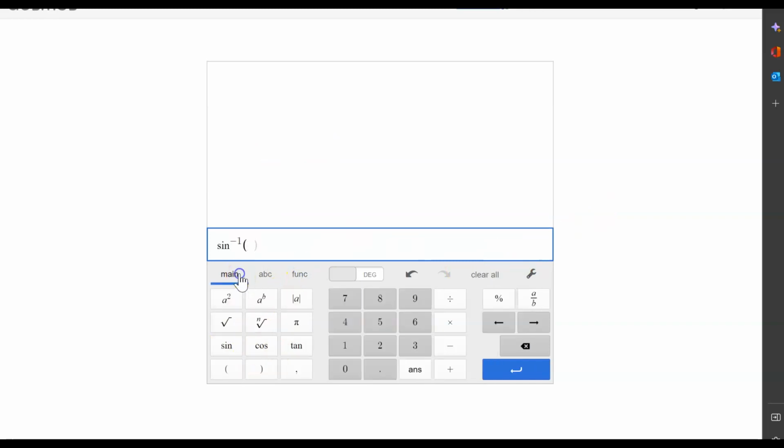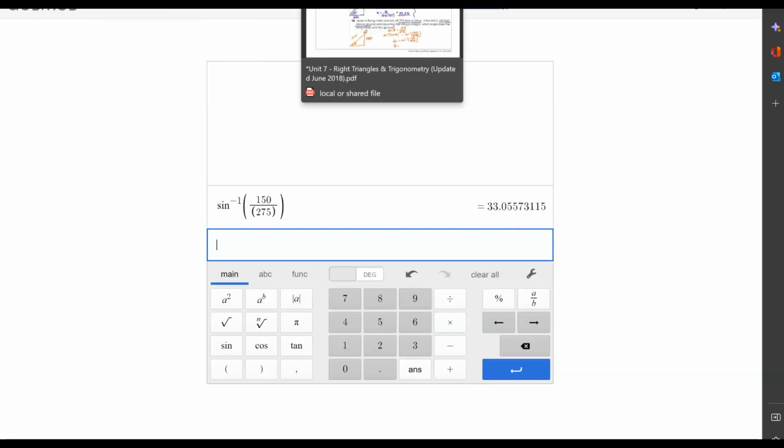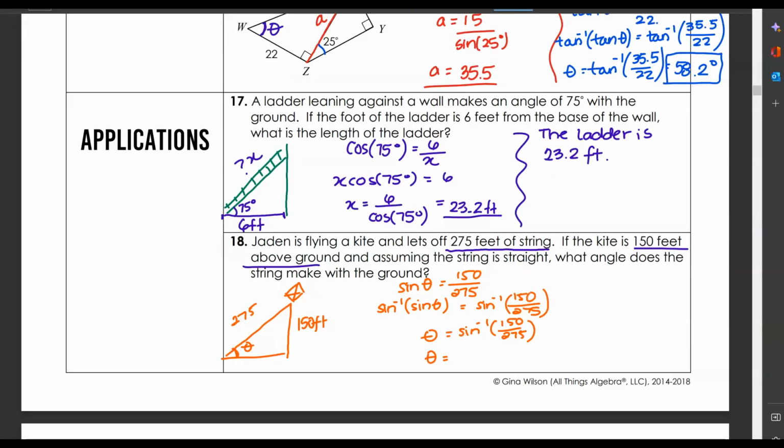So we're going to have sine inverse of 150 divided by that 275. And here we see that we get 33.05. We're rounding this to the tenths place. So that gives us that our theta is going to be equal to 33.1 degrees.